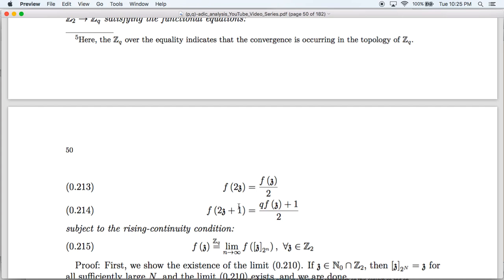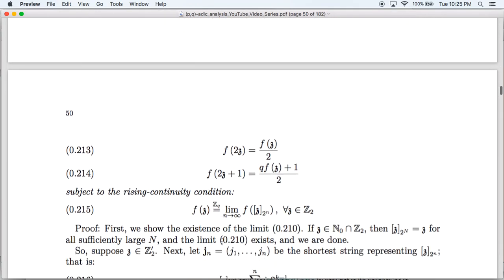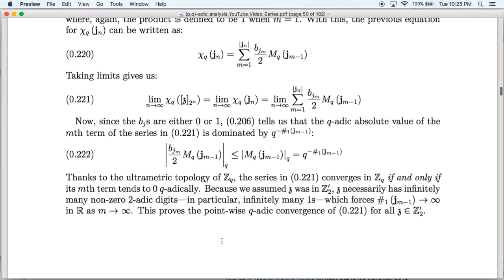And so, as we just saw, that forces f to be equal to chi_q on the non-negative integers, which by rising continuity then forces the extension of f to be a 2, q-adic function equal to chi_q's extension. And so this extension is unique, and that's that.